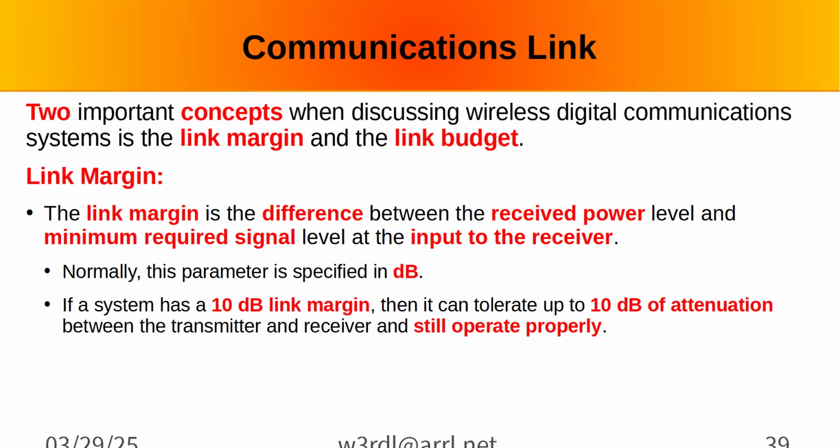The difference between that and the power of the received signal that you got is going to be your link margin. So if, let's say, your minimum level was minus 100 dB, and your received power was minus 90, then you've got a 10 dB margin.